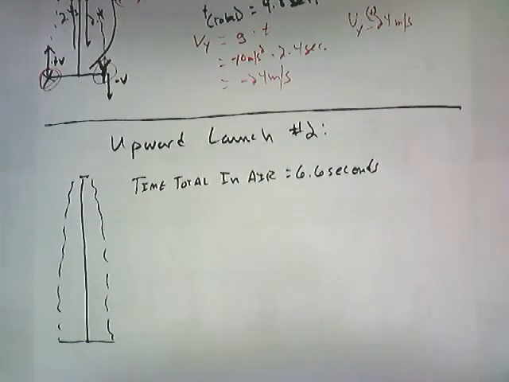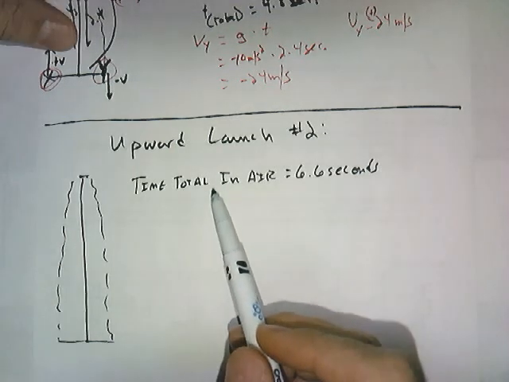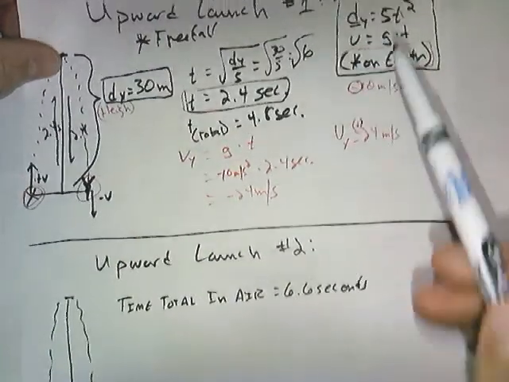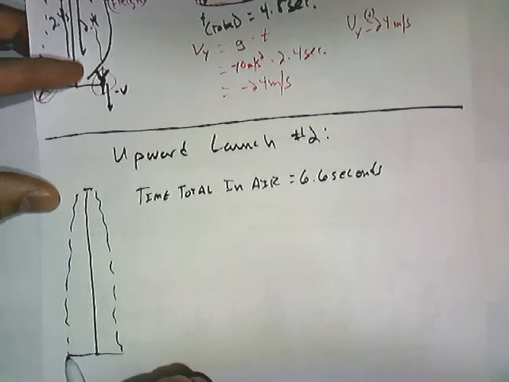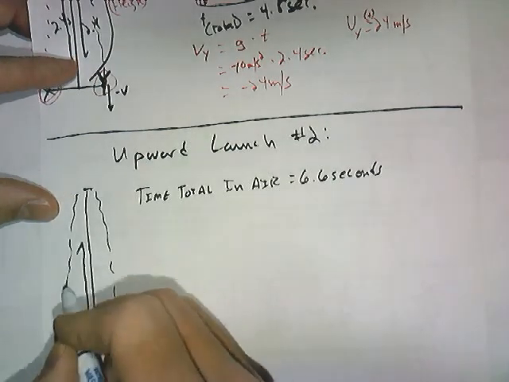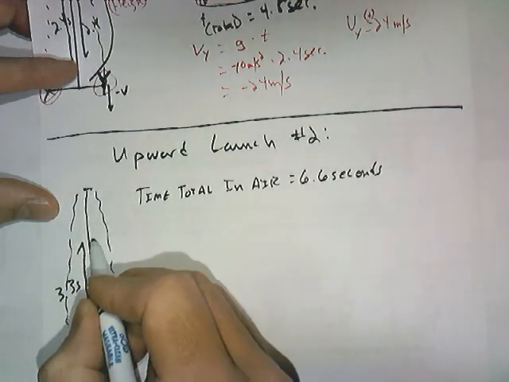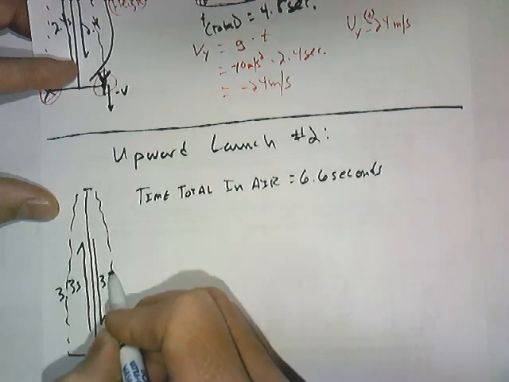Another scenario I can give you, I'll call it upward launch number 2. It's just a slightly different scenario, and we will be using the same equations. If the total time in the air was 6.6 seconds, you should see that it took 3.3 seconds to travel up and 3.3 seconds to travel down.